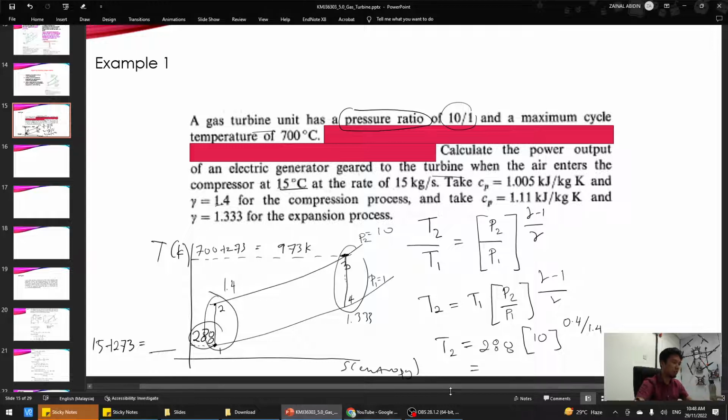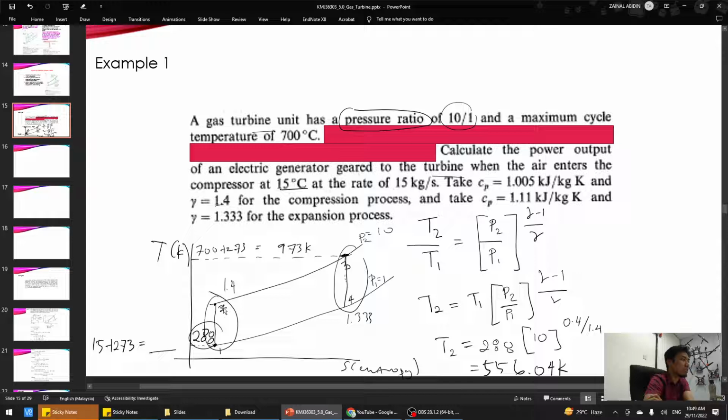You got 556.04 units. Don't forget Kelvin, capital K. If it is a small k, it represents kilo. If it is capital K, it becomes Kelvin, right? So you have a temperature at T2 of 556.04 Kelvin.